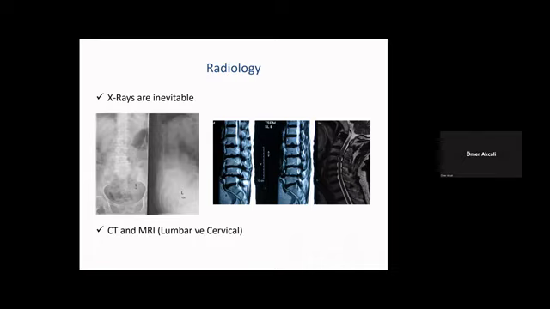Radiological examinations are very important for diagnosis and treatment planning. X-rays are the first step exam for coronal and sagittal alignments of the spine. Collimated or narrowed views of coronal X-rays in elderly patients are not suitable, such as this X-ray.